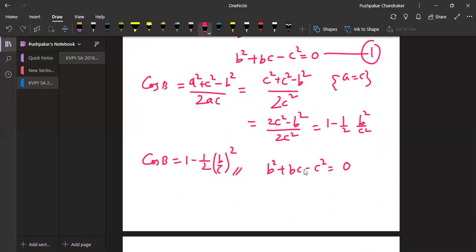Whenever it is a quadratic in two variables, the trick to solve is to divide by one of the variables, either by b squared or by c squared. I'll divide by c squared because I want b by c. So I'll get (b by c) whole squared plus b by c minus 1 equals 0. Now put this as t, so it will be t squared plus t minus 1 equals 0.